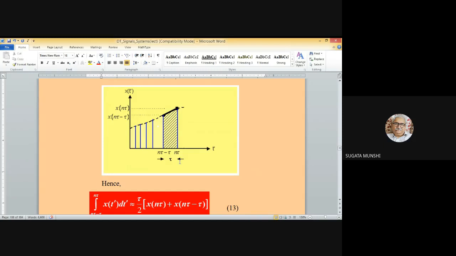So in this type of integrator, the y n minus 1 term is there, the x n term is there, the x n minus 1 term is also there.